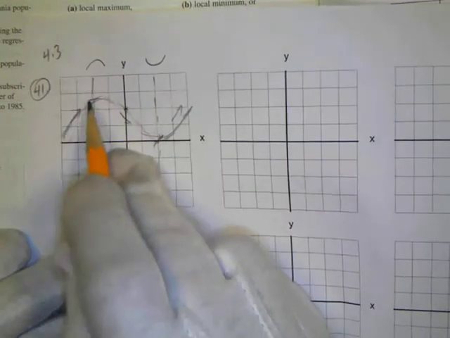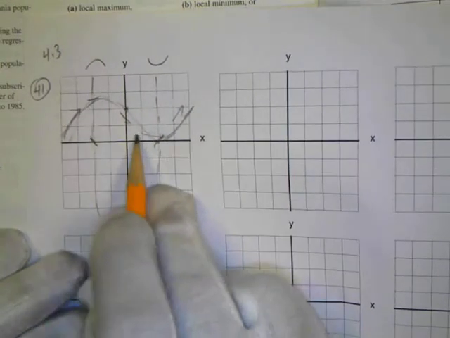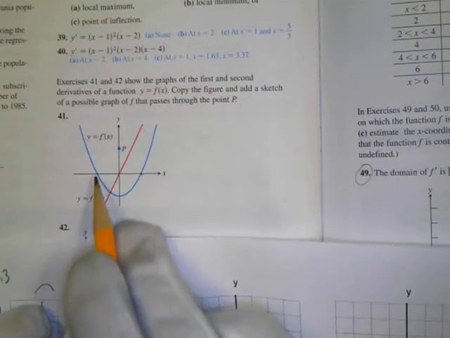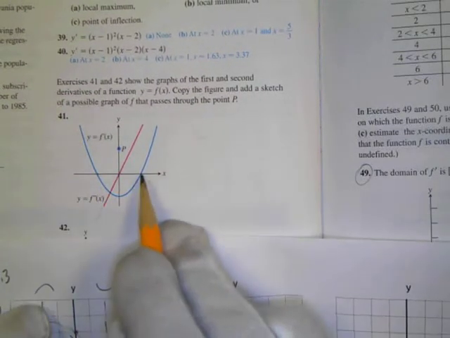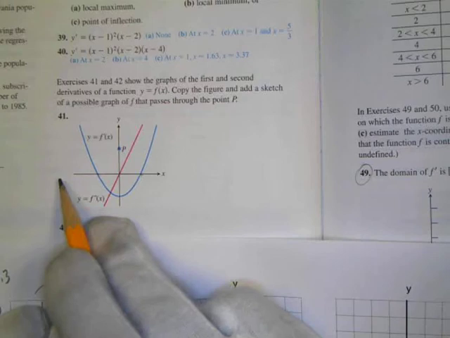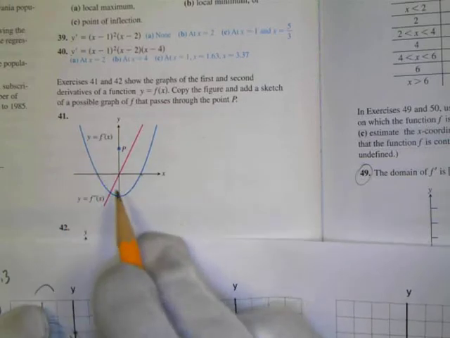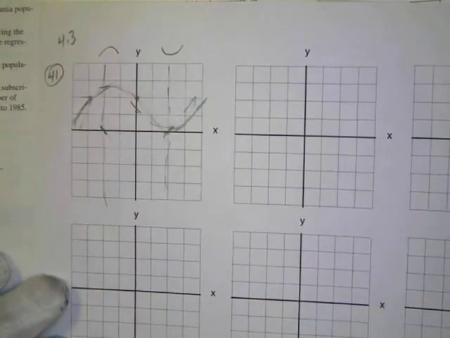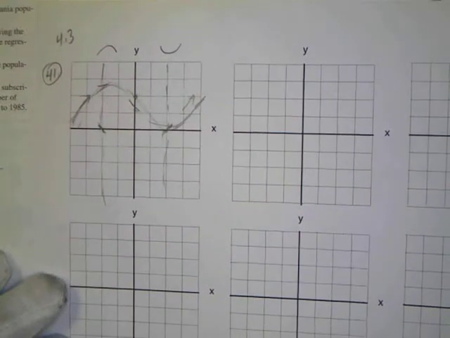So my slope is positive, 0, negative, 0, and positive, and that's what's happening over here, you see. The slope is positive, 0, negative, 0, positive, so it means I'm going to be increasing, 0, decreasing, 0, increasing. So that ends up looking something like that. Okay, so I can see how we noodled that out.